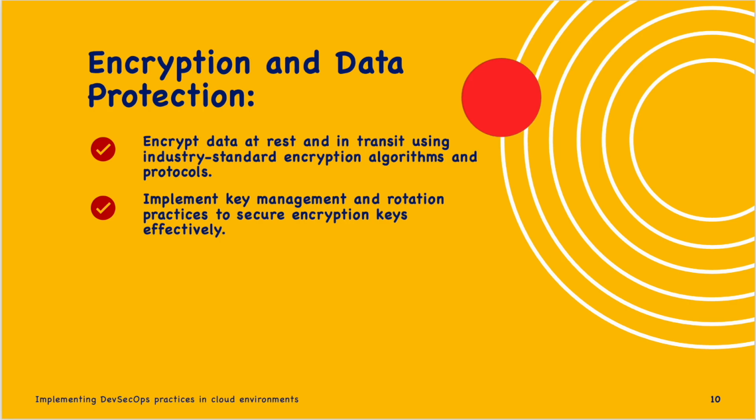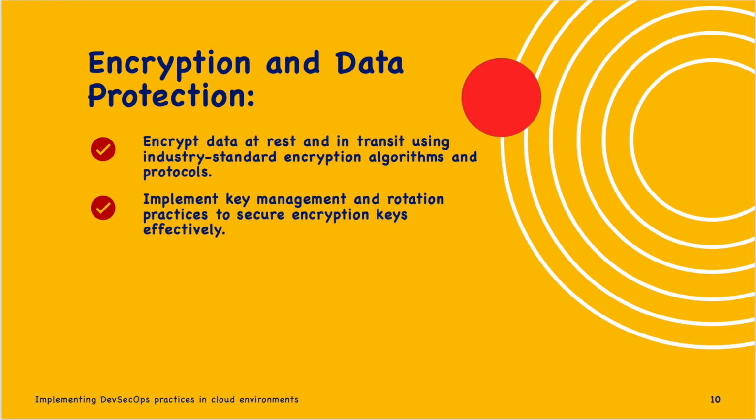The common algorithm we commonly hear about is Advanced Encryption Standard, AES, which is widely used for securing data at rest and in transit. AES supports key sizes of 128, 192, or 256 bits.